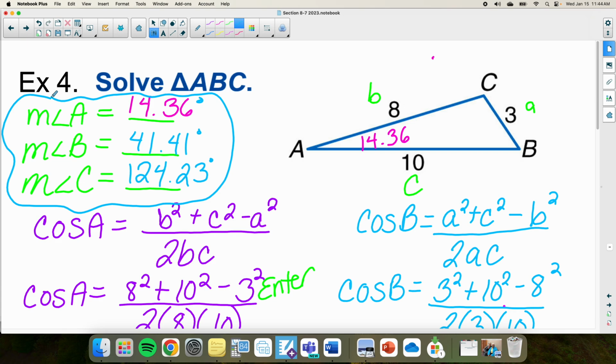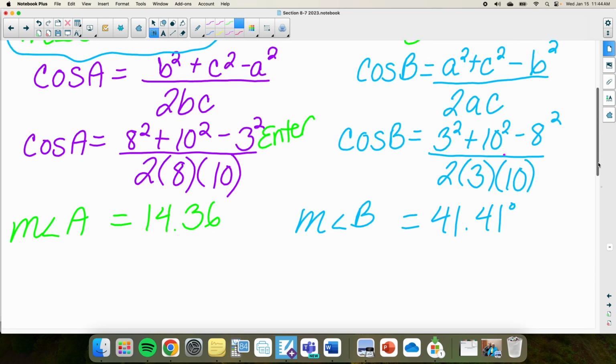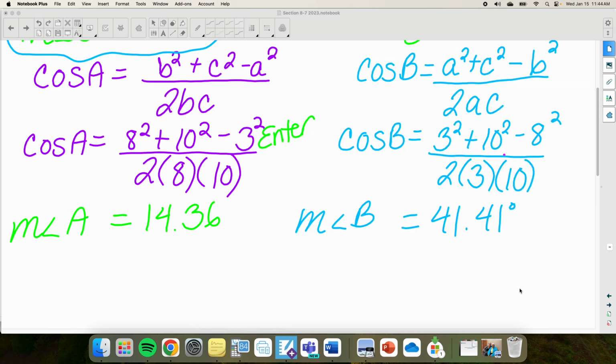Yeah, for me and Lexi, when we put it in her calculator, we got a 4 after the 0 on B. So it was 40 instead of 41. Like 41.40?